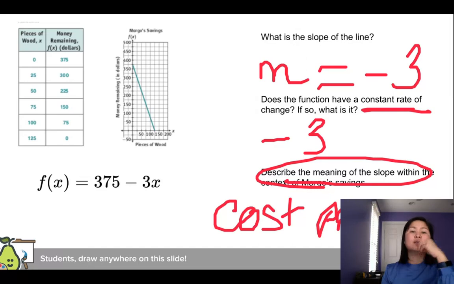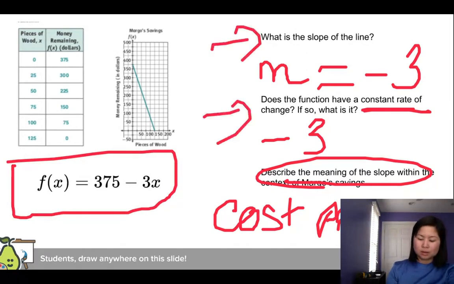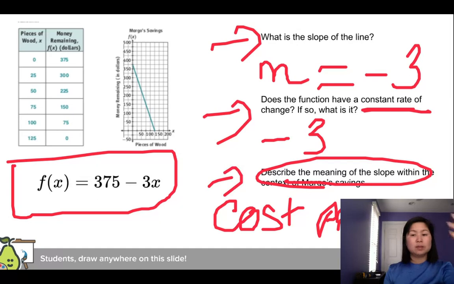Those are the things that I want you to focus on for today's lesson, and next time the lesson is still about the rate of change: identify what that is, and be able to write the equation. You need to know how to write the equation. You need to recognize the slope. You need to also recognize the slope is the constant rate. Then you're going to tell me what that means. So these are the 4 things that we look at today.